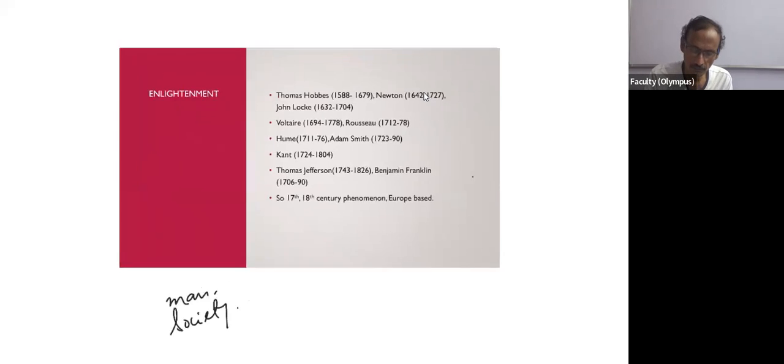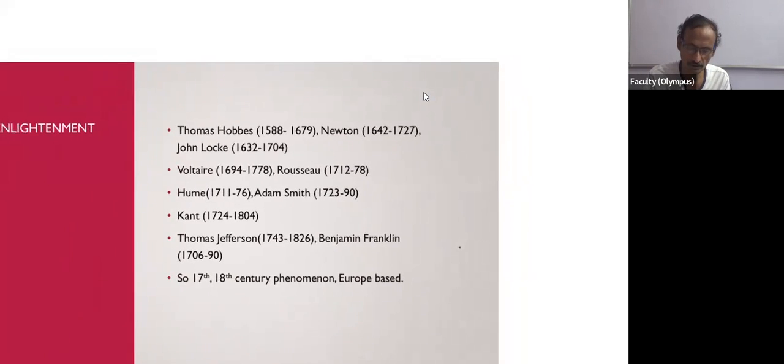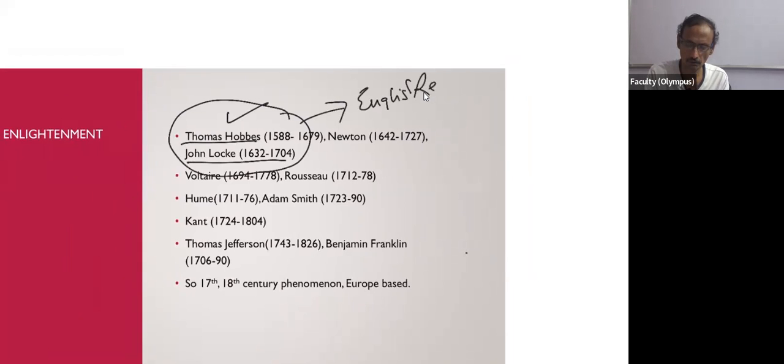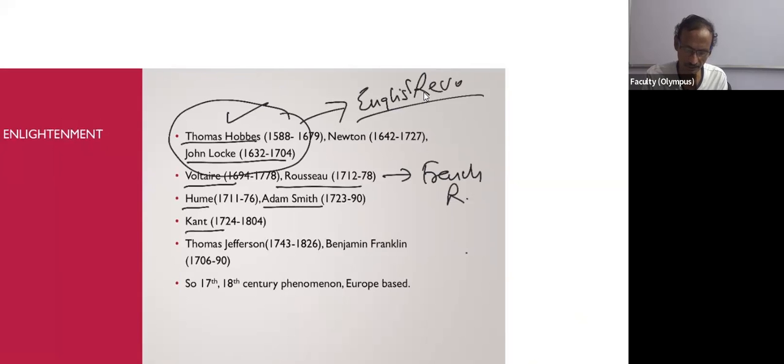And some of the people who belong to the Enlightenment was Thomas Hobbes, Englishman, John Locke. Okay, these two are related to English Revolution. And Voltaire and Rousseau inspired French Revolution. Hume, Adam Smith, Kant, Jefferson and Benjamin Franklin involved in American Revolution.